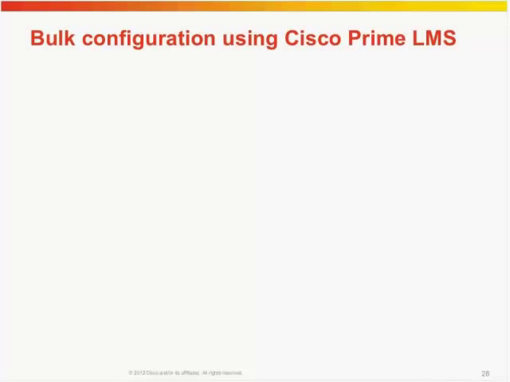For existing customers of Cisco Prime, or for customers in need of a configuration management solution, Cisco's Prime LMS can be used to push the Smart Call Home configuration to groups of devices.